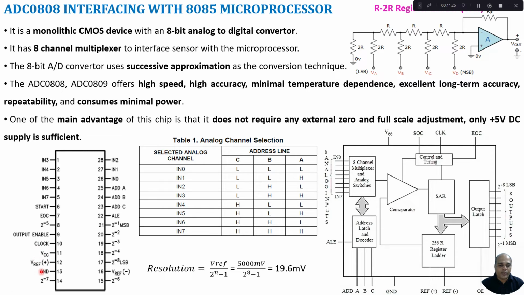Then there is a pin to give the reference voltage, and a ground line. The 2 power minus 1 to 2 power minus 7 pins represent the binary output coming out of your ADC converter. Then there is a V reference minus voltage, and ALE, address latch enable. Then the select lines for the multiplexer to select a particular input: I have A, B, C. So this gives the pin details of your A to D converter.